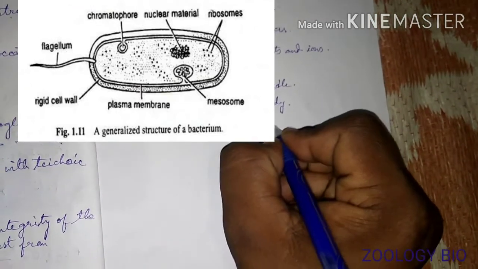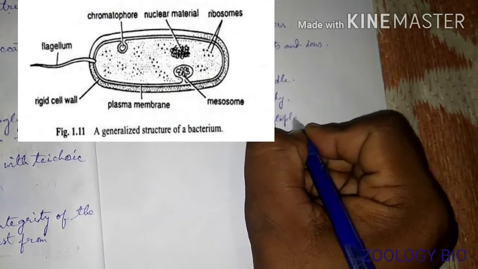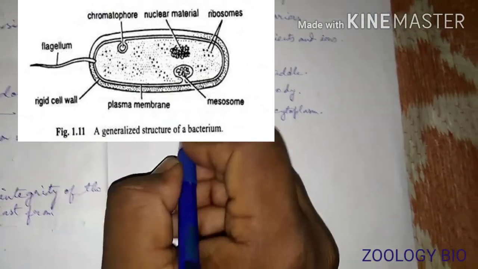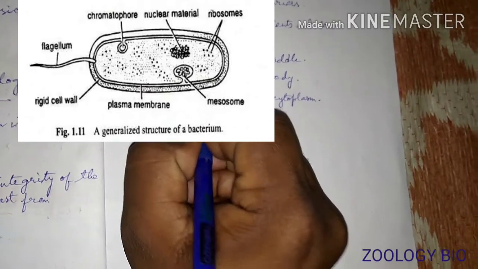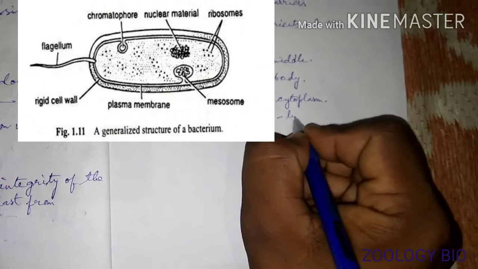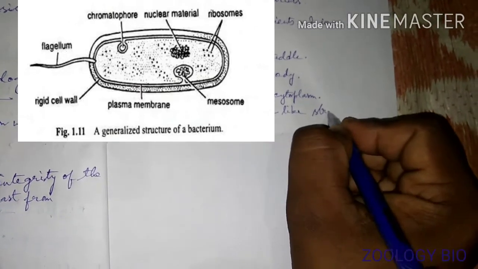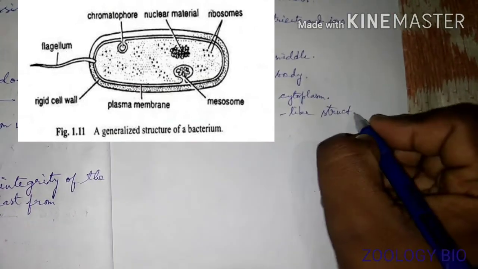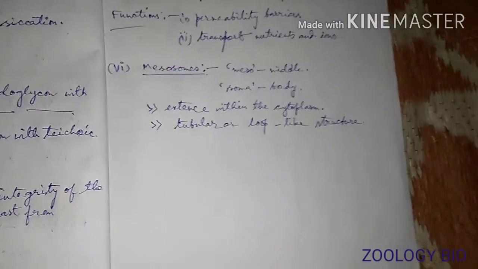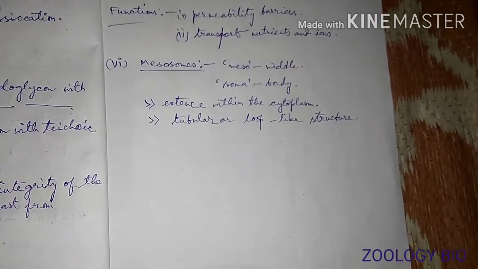This mesosome contains respiratory enzymes.